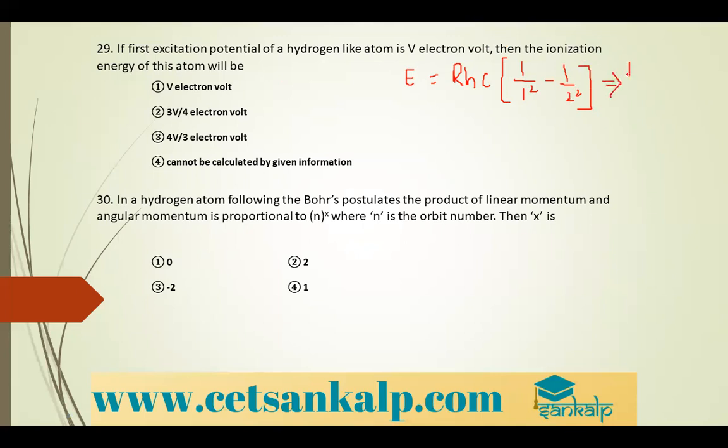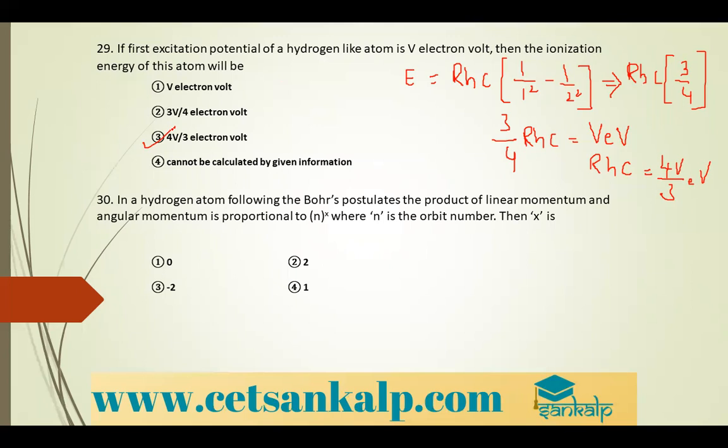When you solve this, it is 3 by 4 RHC, which is equal to V electron volt. Again, RHC, that's nothing but the ionization energy, is equal to 4V by 3 electron volt. So option C.